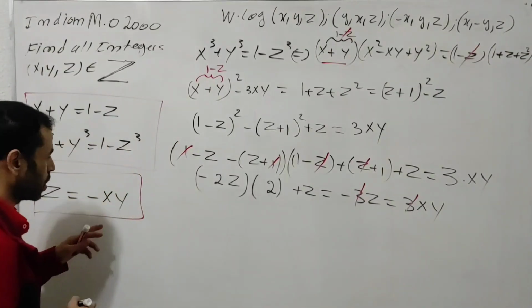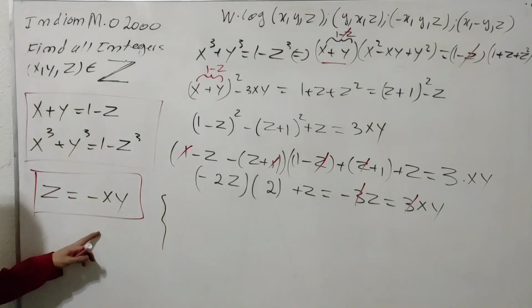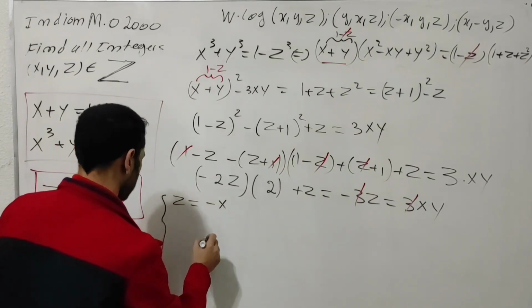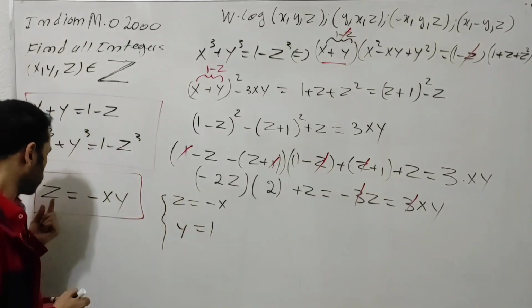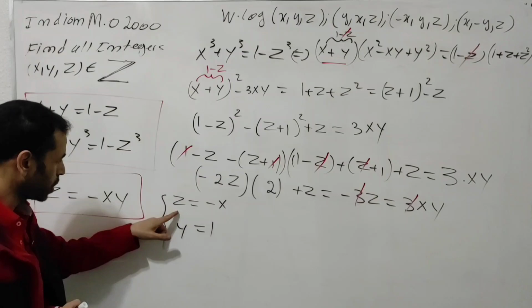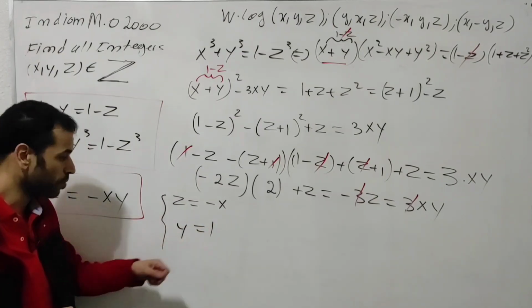I will have many possibilities here. The first possibility is the system z equals minus x and y equals 1, because z is multiplied by 1 and minus x is multiplied by y. So I'm taking z equals minus x, y equals 1 as the first possibility.